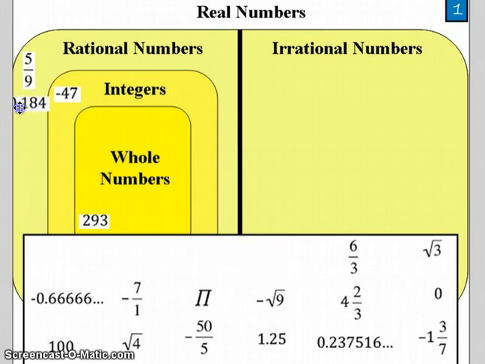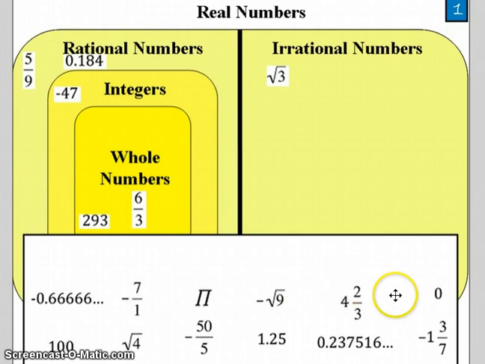So let's put that in here as well with the rational numbers. Now, 6/3 can be simplified down to 2, so 6/3 really belongs here. And the square root of 3, like the square root of 2 that we just talked about, if you put it into your calculator, you're going to find that it's an unending decimal.